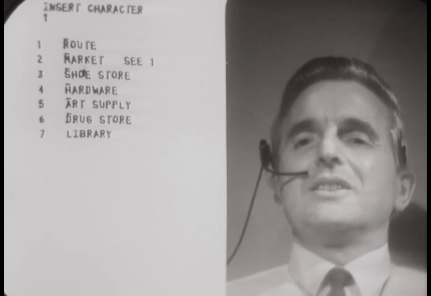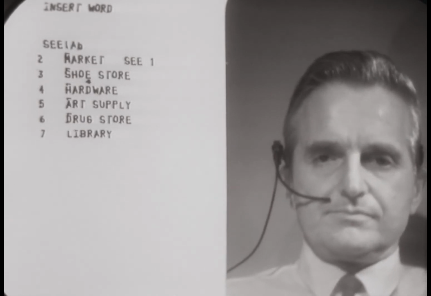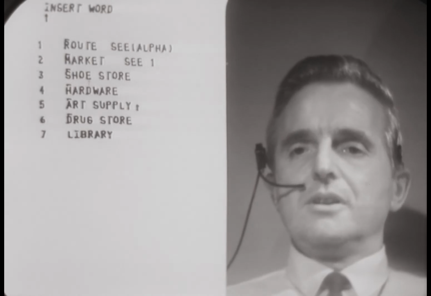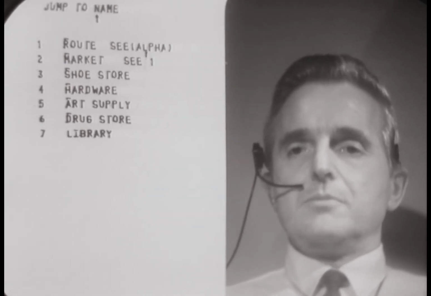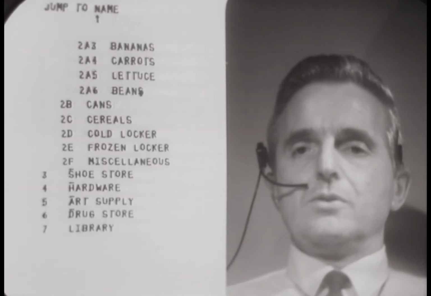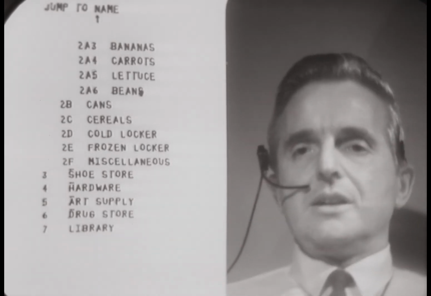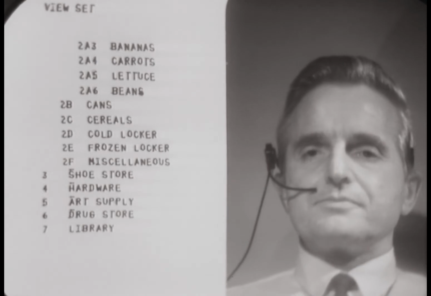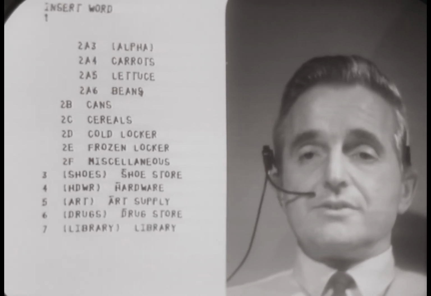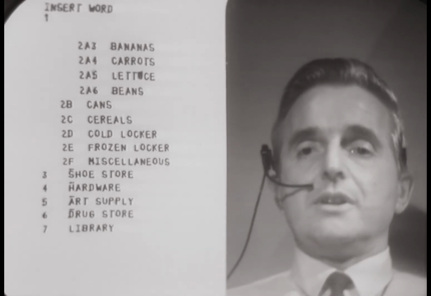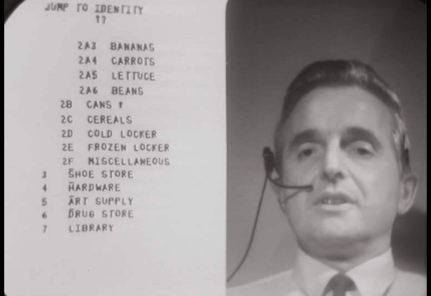All right, so I can give names and I can say in here, a reference like that, where I can say jump to name and point to that, and lo and behold, I'll go to this thing that I'd named alpha. So I can name it, and if I want to, I can ask to see the name, or I can ask not to see the names, depending on which. Right now we happen not to be seeing the names.